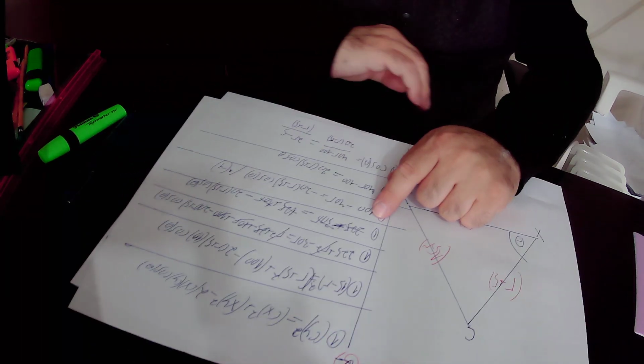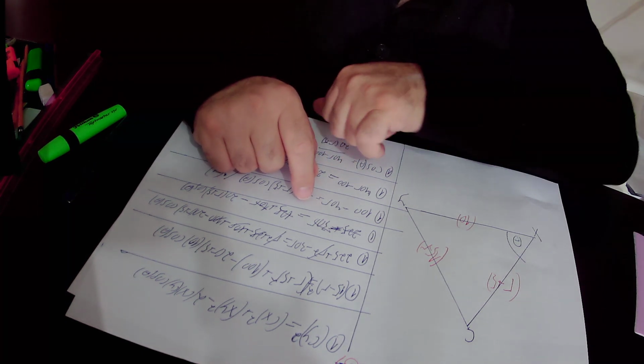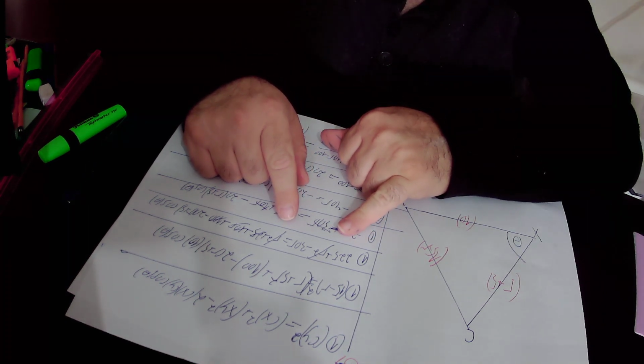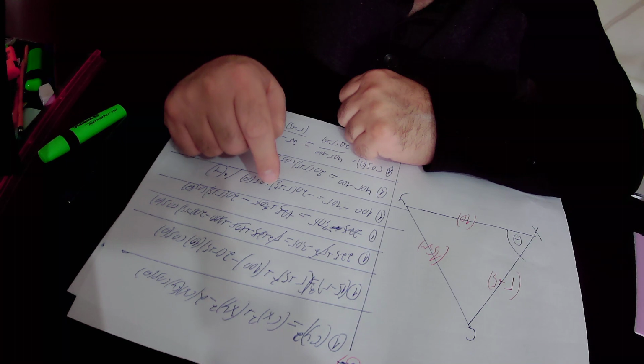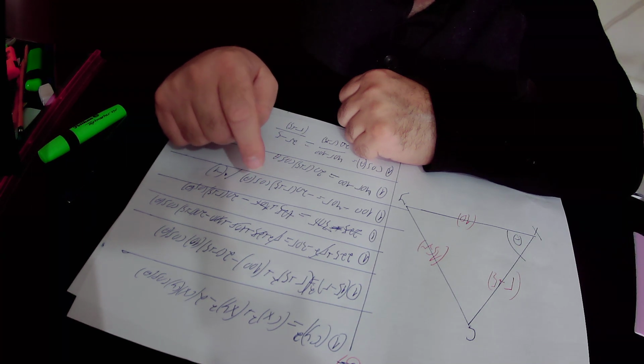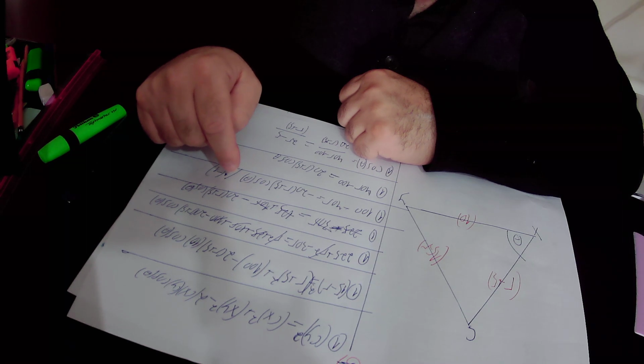So here we have R squared on both sides of equation number 1, so R squared will get cancelled, and we are left only with 225 minus 30R, that is equal to 125 plus 10R plus minus 2 times R plus 5 times cosine theta.